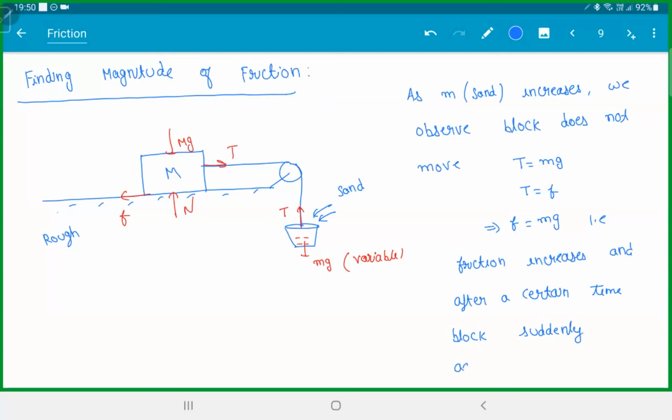Now we need to make sense of what is happening exactly. When you plot a graph, you will clearly see what is happening here.